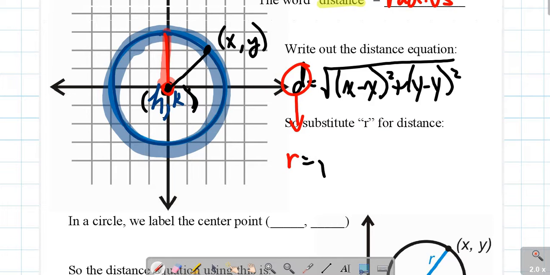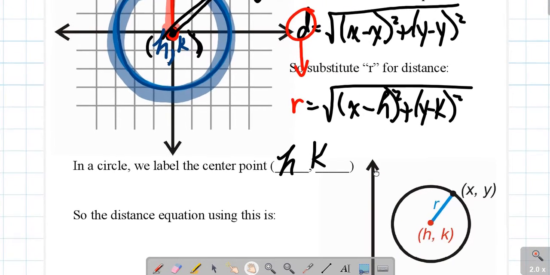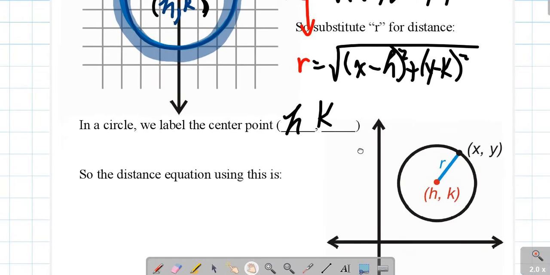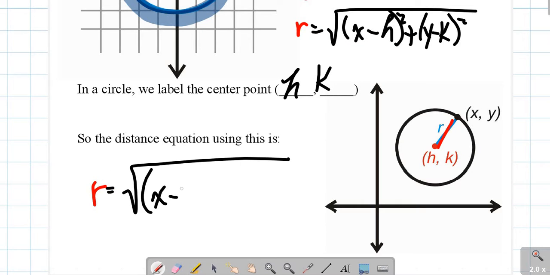So that distance is x minus h, parentheses squared, y minus k, parentheses squared. Remember the center of the circle we label hk. So far we have this, that the length of this radius equals the square root, using the distance equation, x minus h squared, y minus k squared.